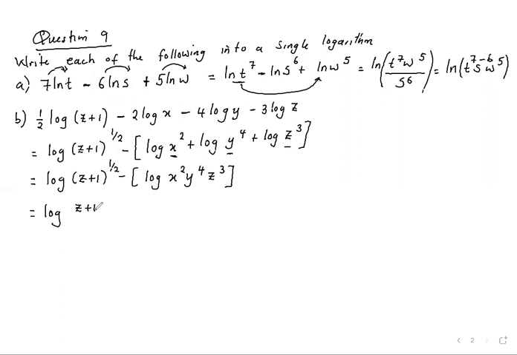That half I can even decorate by writing square root and then over this whole thing, x squared y4 z3. Like this. So we have composed it into a single log. If you have a question, you're free to ask.